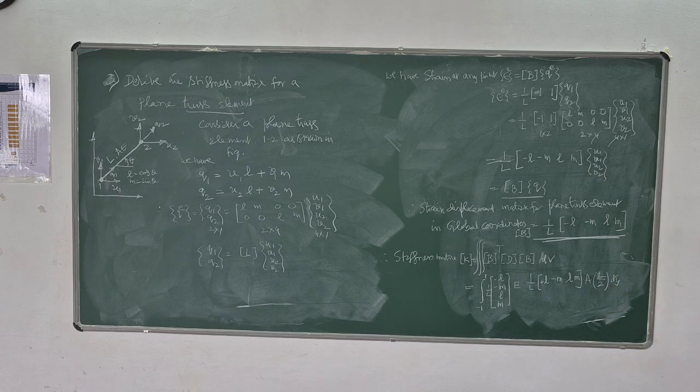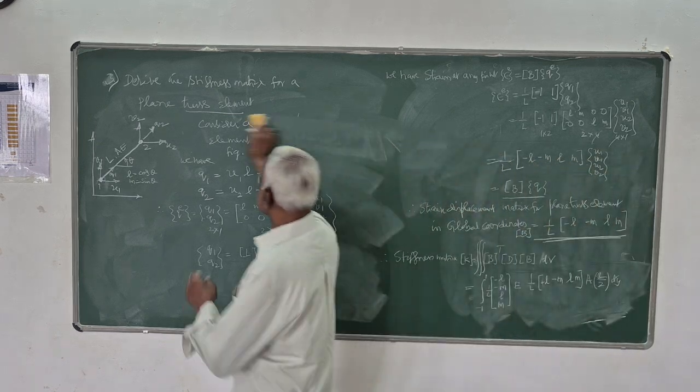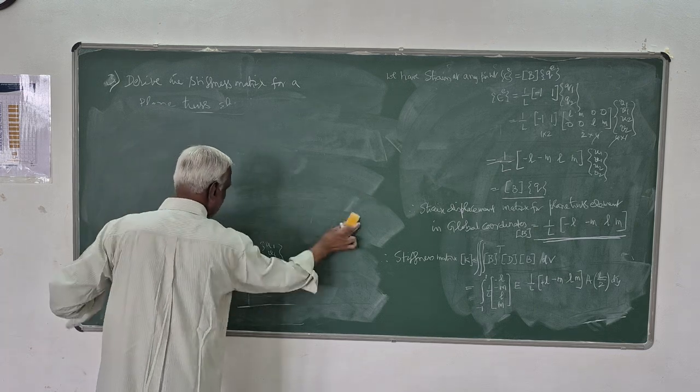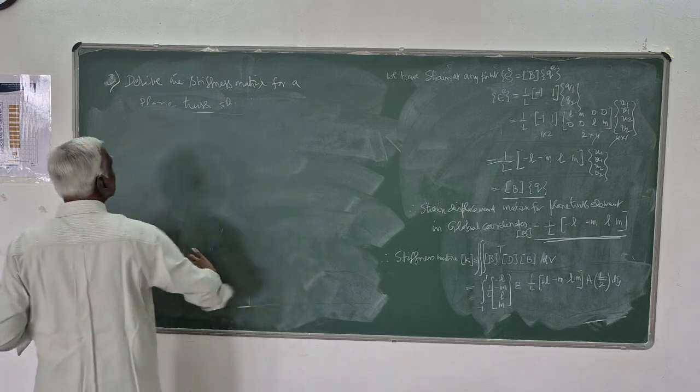This is minus 1 to 1. So we will get the expression for the stiffness matrix for the plane truss element.